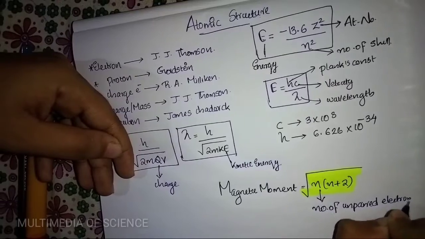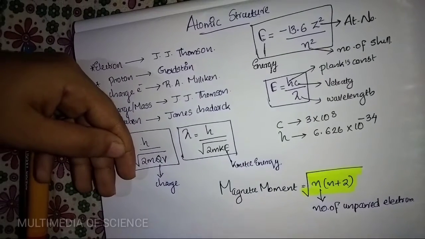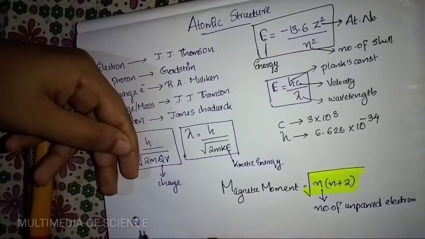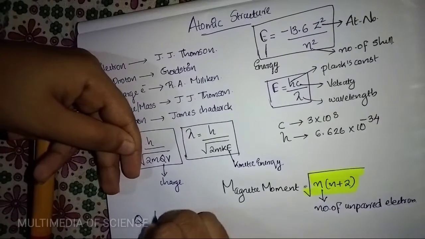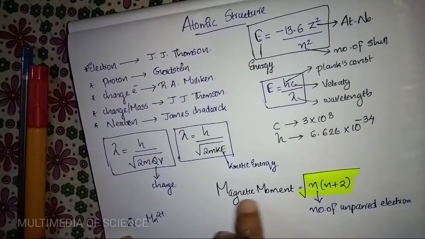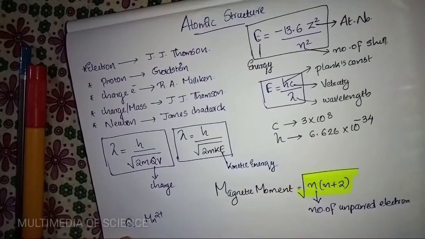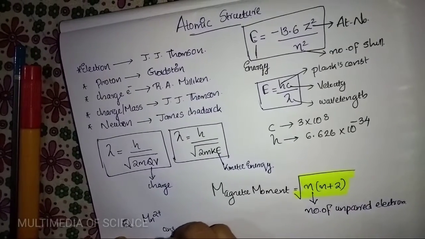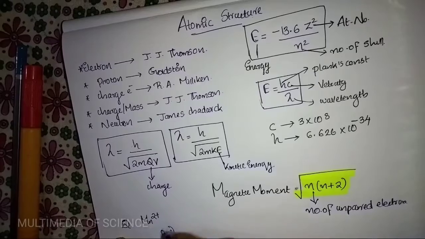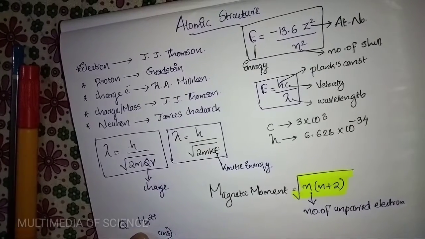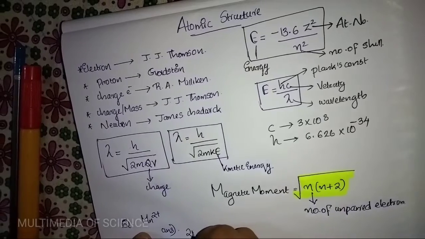For example, if the question is to find the magnetic moment of Mn2 plus, how will you do it? First, write the electronic configuration of manganese. The atomic number is 25.